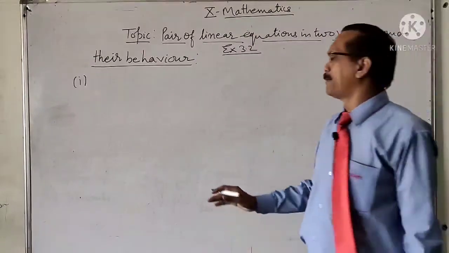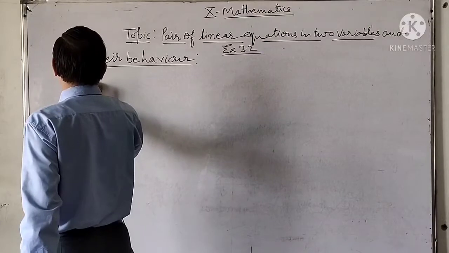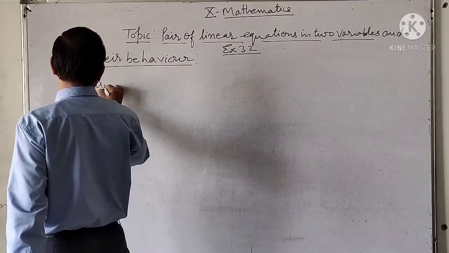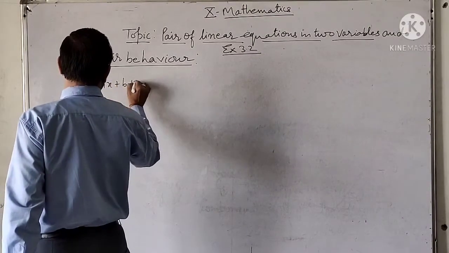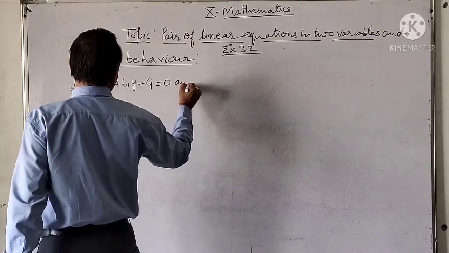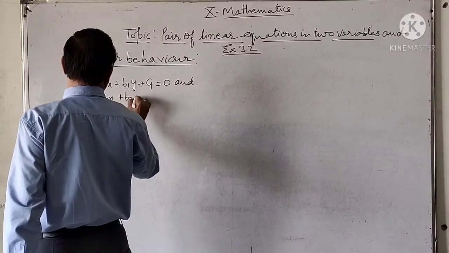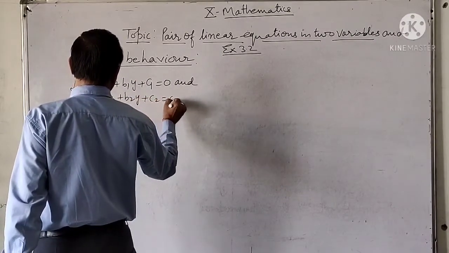Student, let there be two linear equations, a1x plus b1y plus c1 equal to 0 and another a2x plus b2y plus c2 equal to 0.